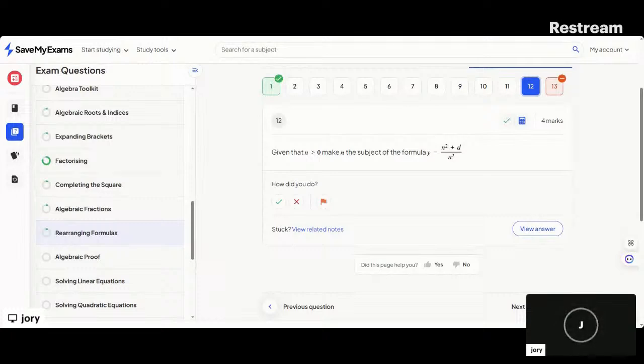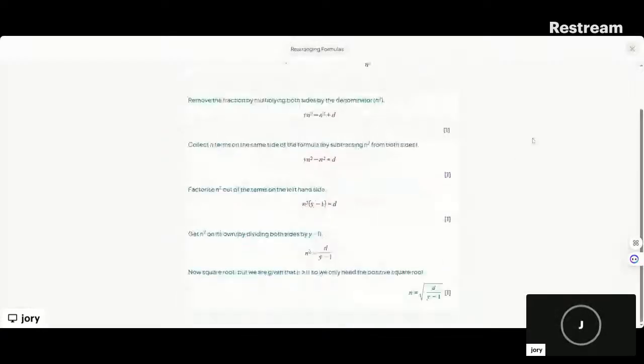Does that have to do with the square roots? Divide by a, it's going to be y equals 1 plus d over a. So y minus d over a equals 1. a equals y minus d. I don't know how I got that. It's not the correct answer.